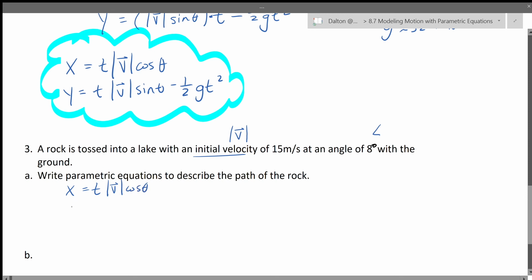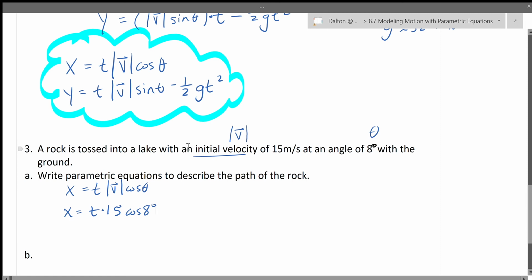So that's going to be x equals, we are substituting in the initial velocity, t times the velocity times the cosine of, I should have put theta over here instead of the angle, the cosine of 8 degrees.